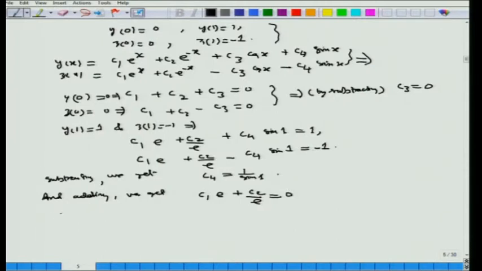Now, one solution is clearly c1 = c2 = 0, which satisfies this.